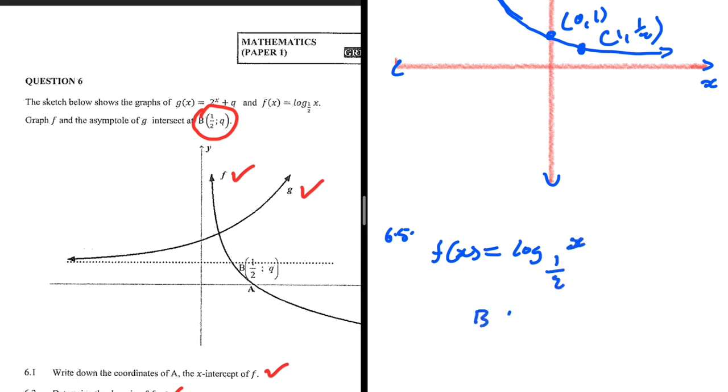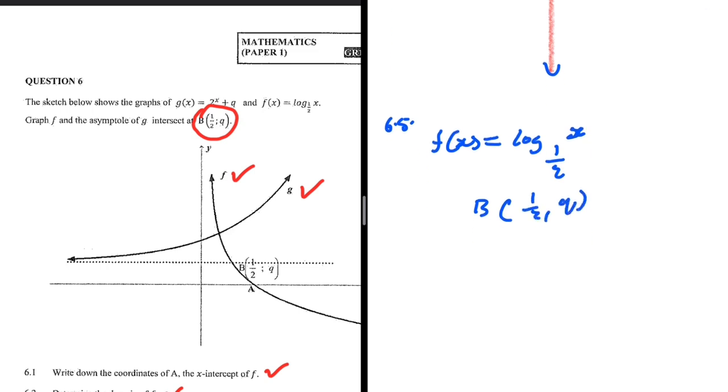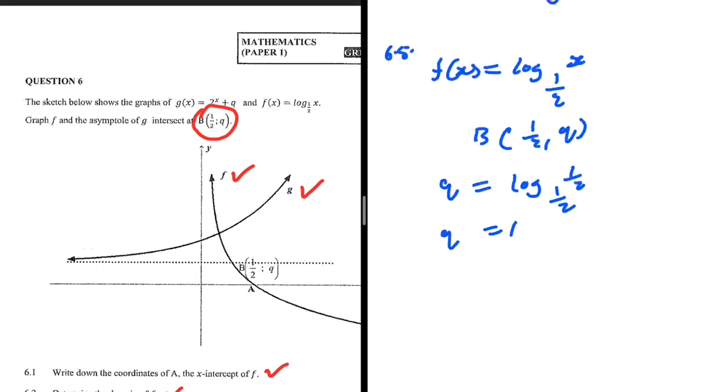So we want to substitute b's coordinates, a half and q, so that we can find the value of q. In doing that, we get q is equals to log of a half, the base is a half. This is equals to 1, and that is the asymptote of g.